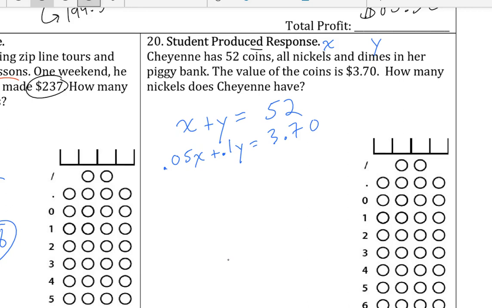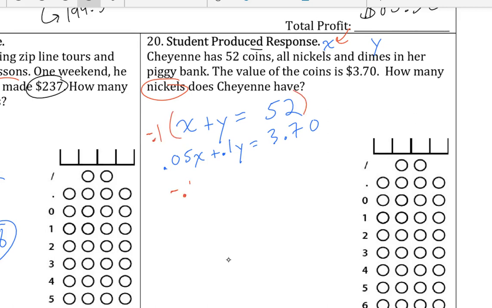Now for this one, again, I just prefer using elimination. If you get great at it, it's fast, it's easy, and you can customize it to solve what you want. So we want to know how many nickels we have. Nickels is x. So to solve for that, I'm going to cancel out my y's. So what I'm going to do to cancel these is I'm going to multiply this top one by -0.1. So I'm going to rewrite this down here.